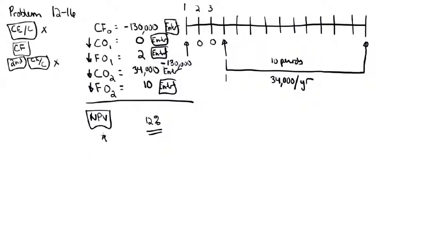So push the NPV button, and you'll see the very first thing is I. So when you see that, go ahead and type our 12% and enter.